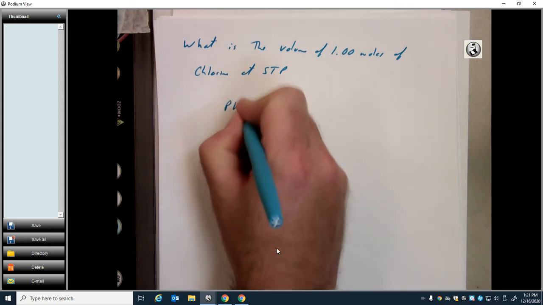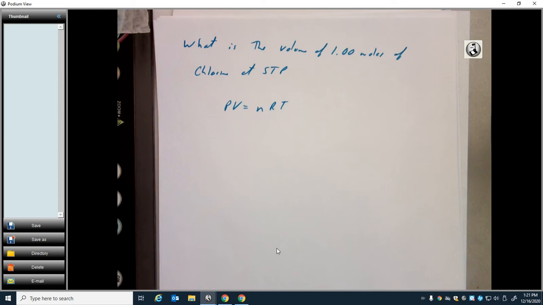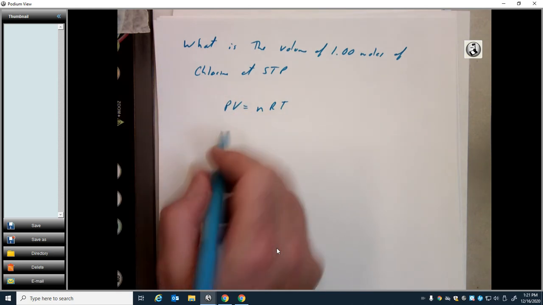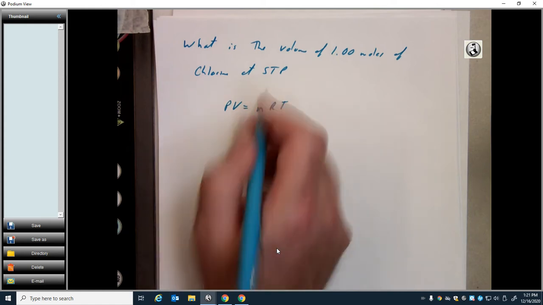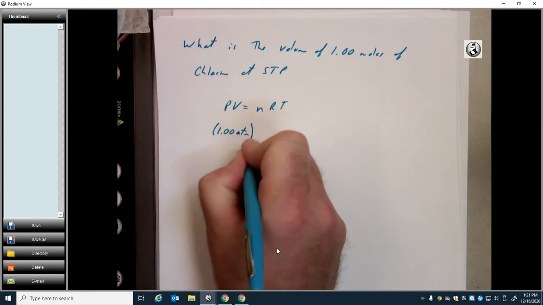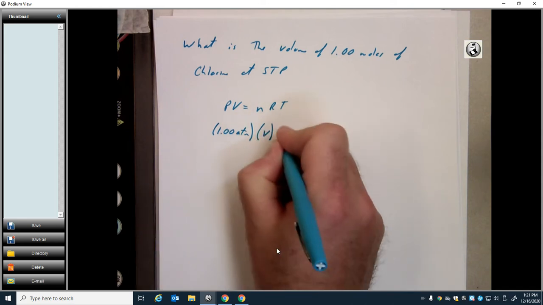Well, if we use PV equals nRT, our pressure is standard pressure, 1.00 atmospheres. We're trying to figure out our volume.